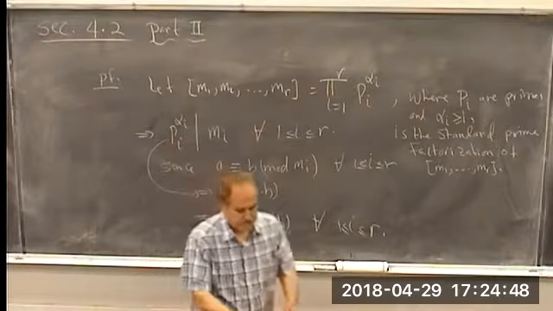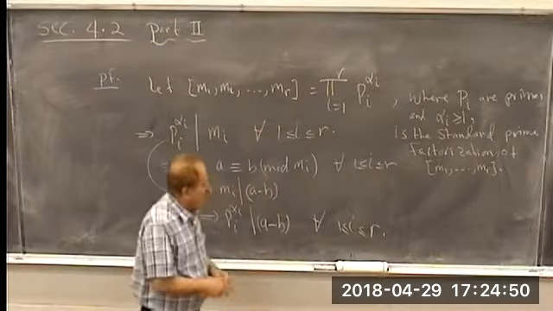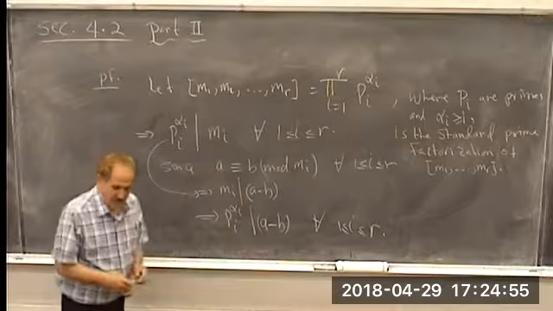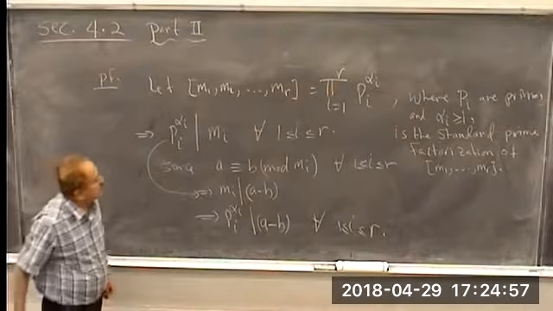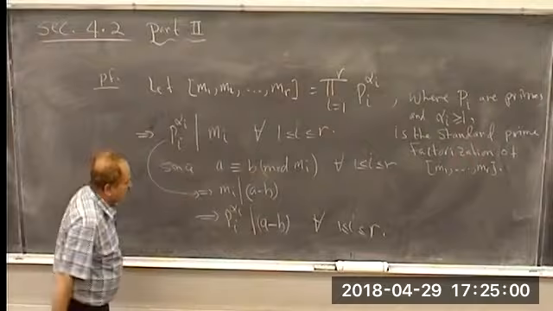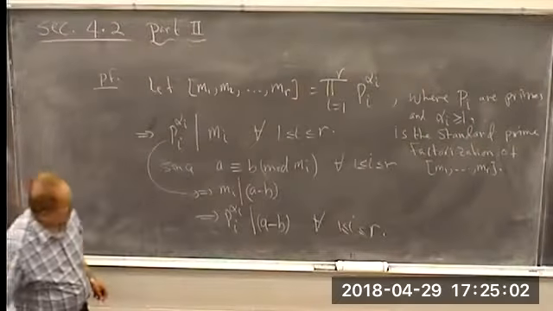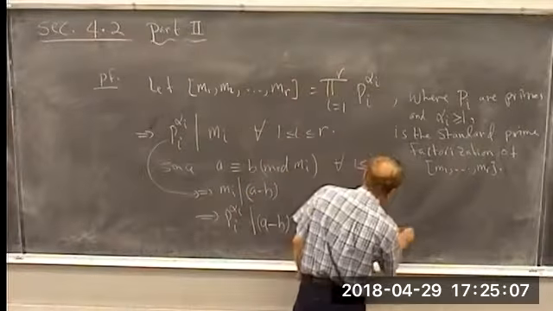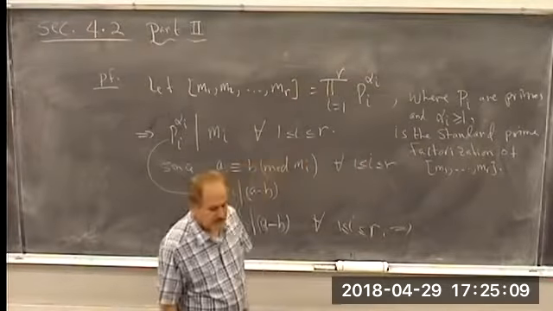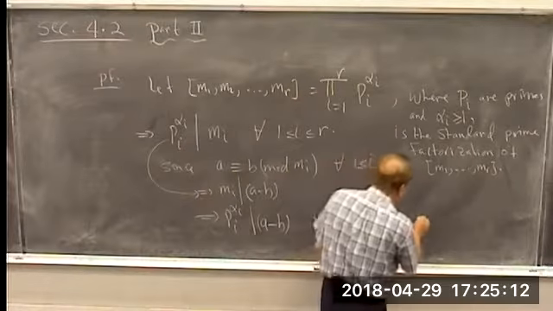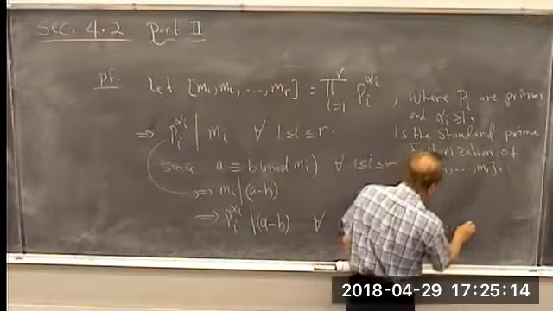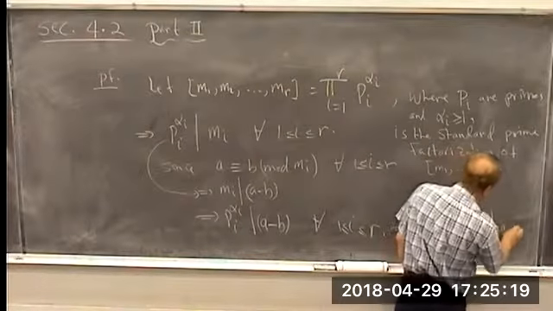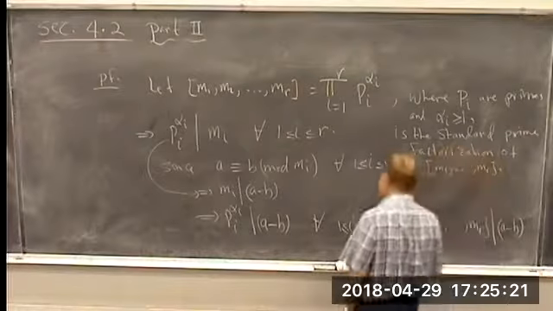All right, and these are actually the factors of the least common multiple. So this in itself implies that we conclude out of this that the least common multiple of M1 up to Ml should divide A minus B. Okay?